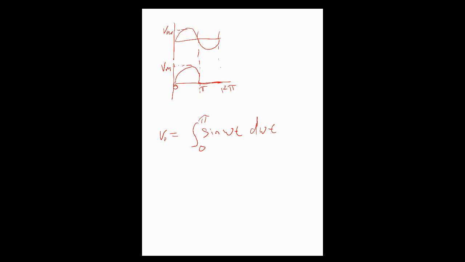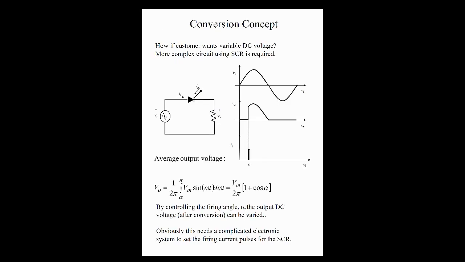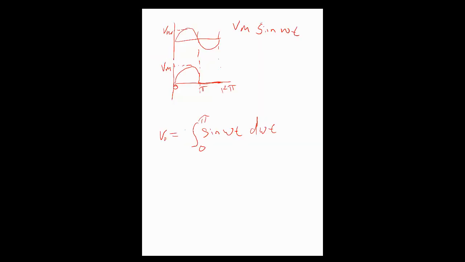Now, what's the number of points we're going to divide by? By the way, this is Vm sine omega t. I'm going to take that Vm outside, and divide by 2 pi.